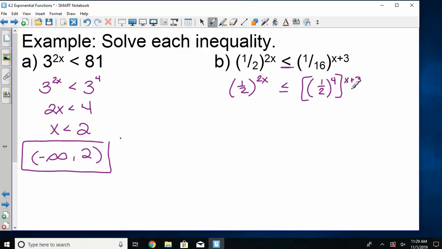And you still have your x plus 3 out there. Okay? So then, what do we have to do with these exponents? Power through power, you multiply.